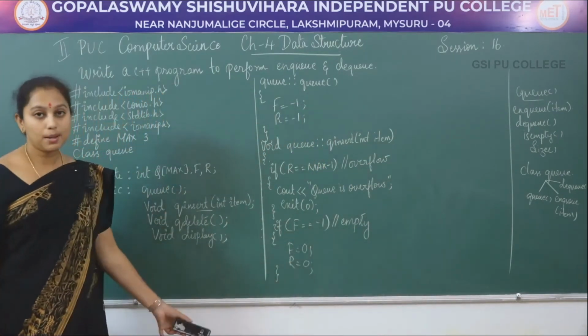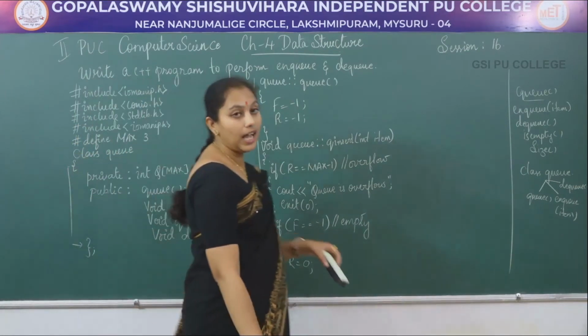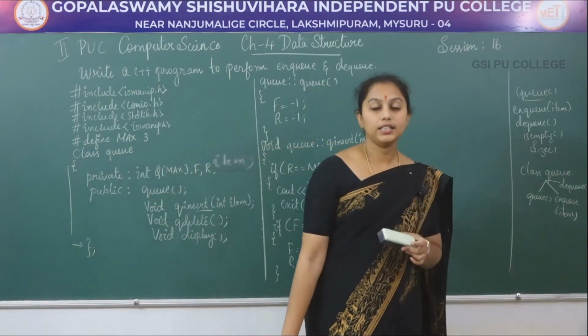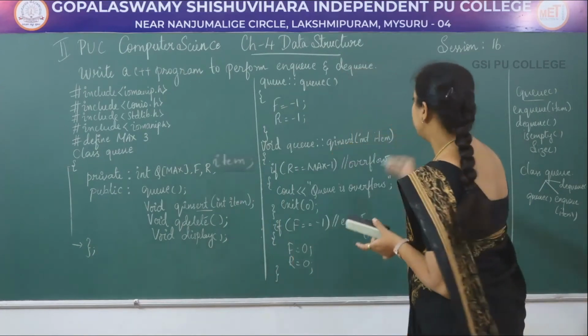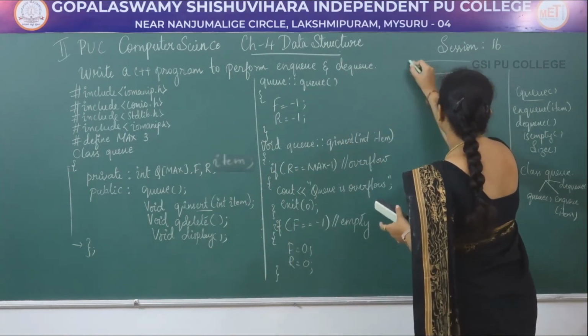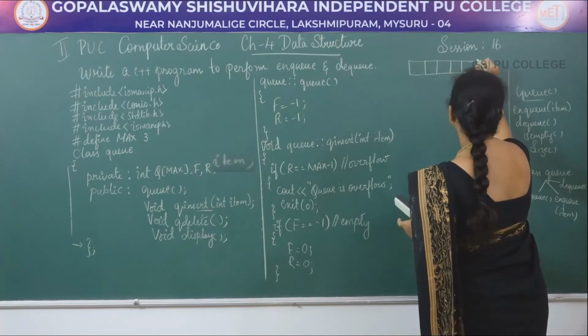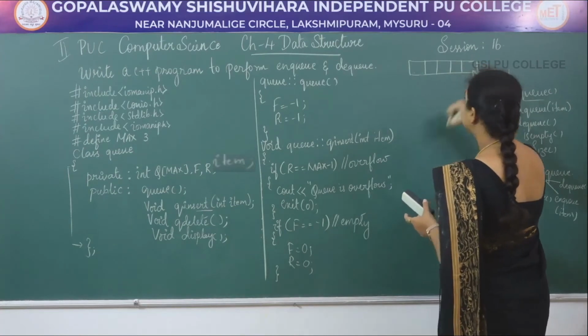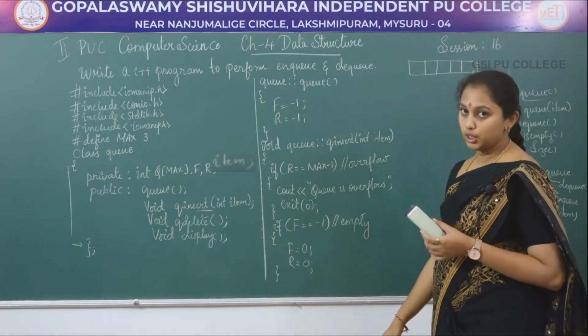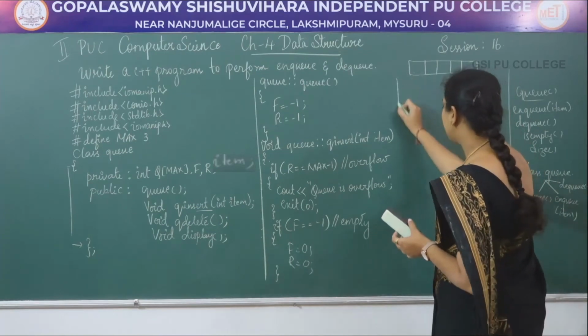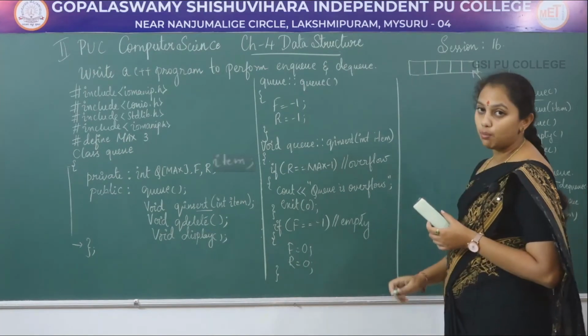If it is not empty, we can add an item into the queue at the rear end of the queue. While adding an item into the queue, we add from the rear end, right? So for that we have to increment the rear pointer.